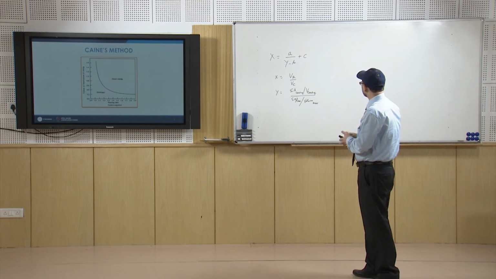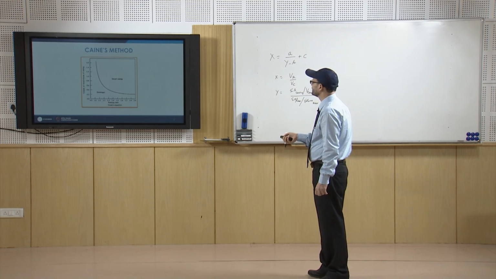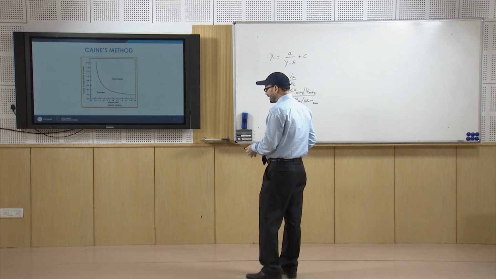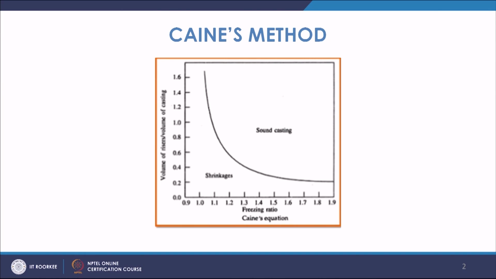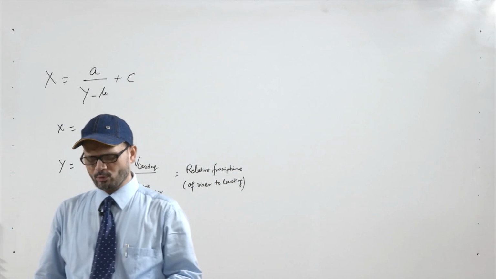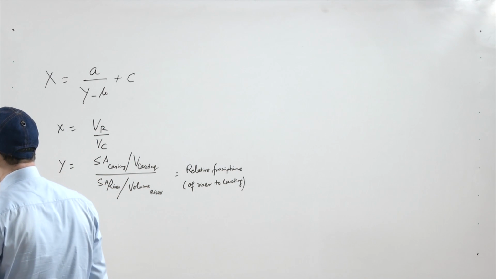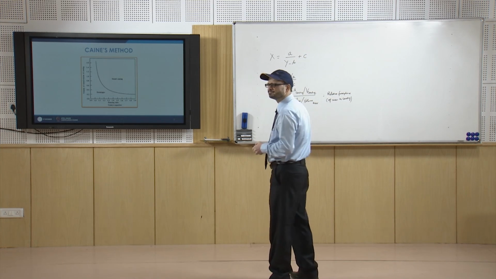Now, what it tells is that as this ratio, the relative freezing time of the riser to the casting, increases, the volume of riser to volume of casting is decreasing.